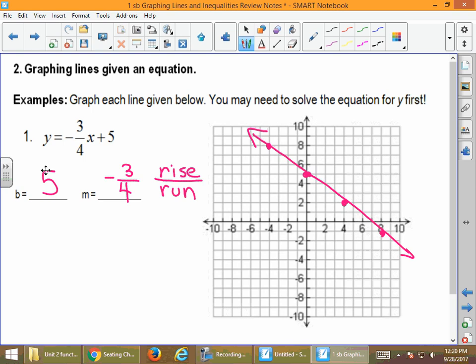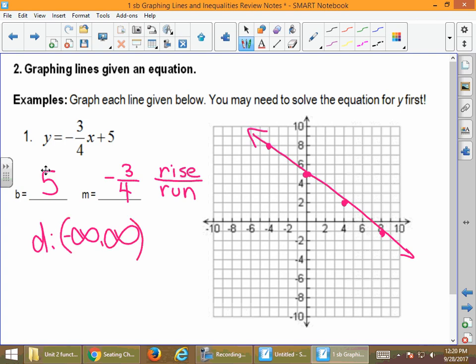Now I know that the notes didn't ask you this question, but I don't want you to forget this. What's the domain of this line? It's negative infinity to infinity.